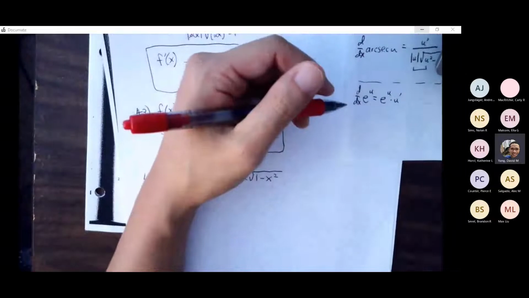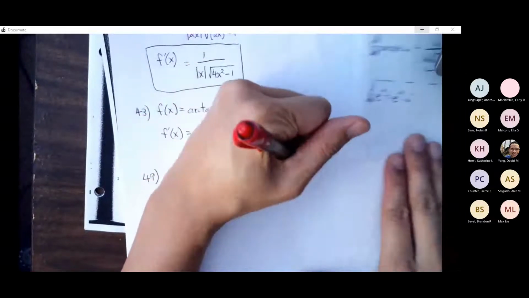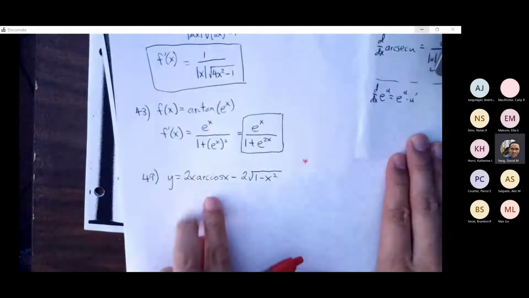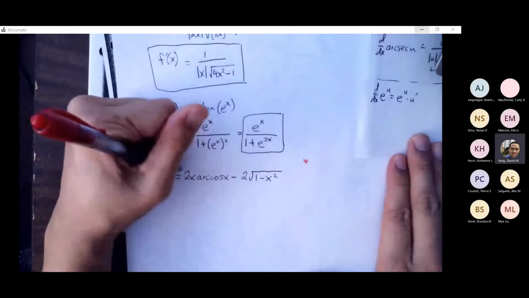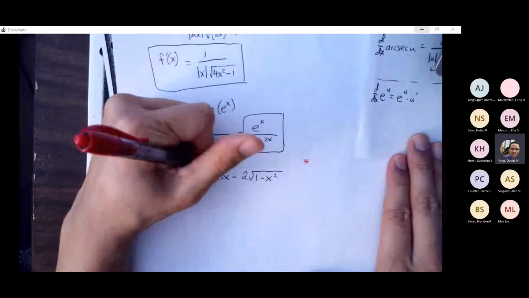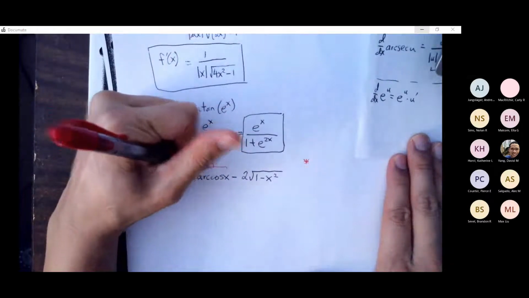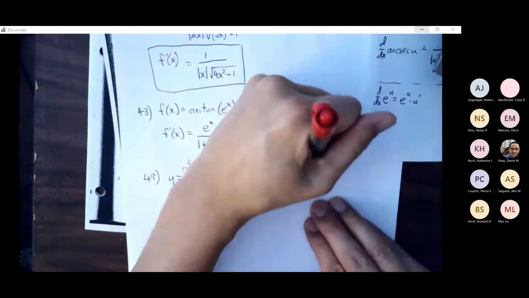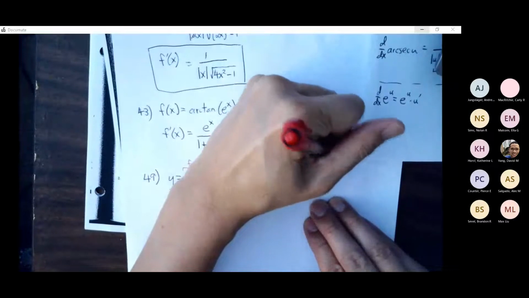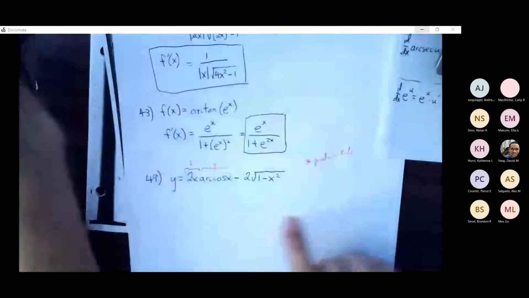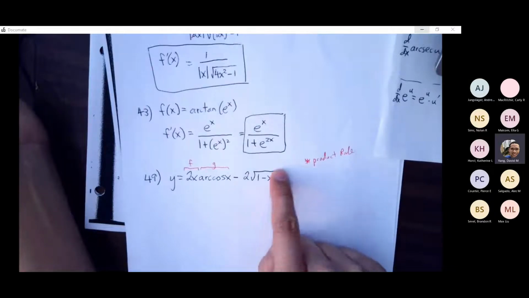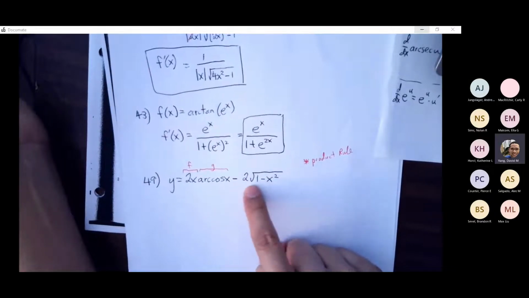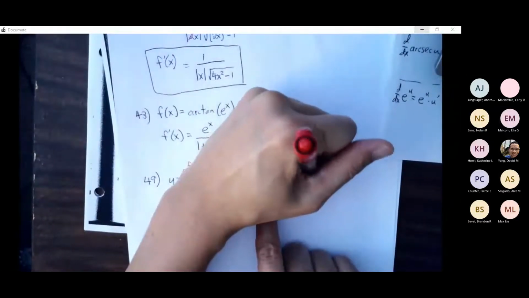If we want to find the derivative, we have to recognize that there's a need for product rule here. The 2x and arc cosine x are two separate things here, so you've got to go through product rule. And also, once I get this in parentheses, this is going to need chain rule. There will be an inside-outside portion here.